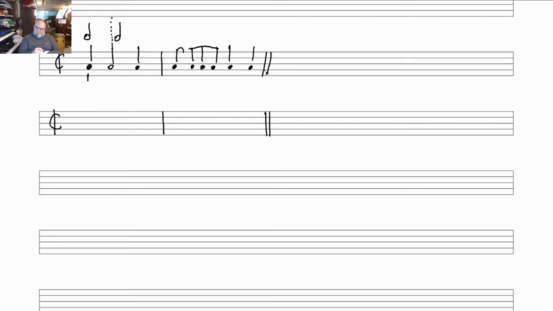Well, that means that this dividing line is going to go right down through the middle of that half note, putting 1 quarter note on this side and 1 quarter note on this side, and then tying them together.